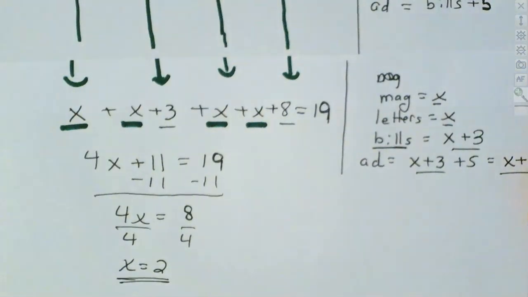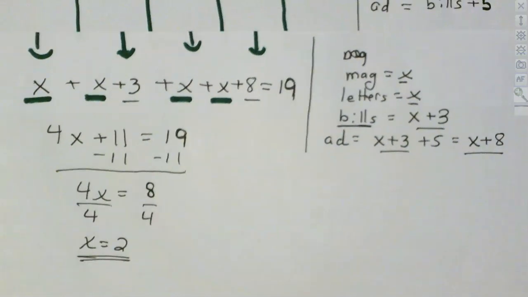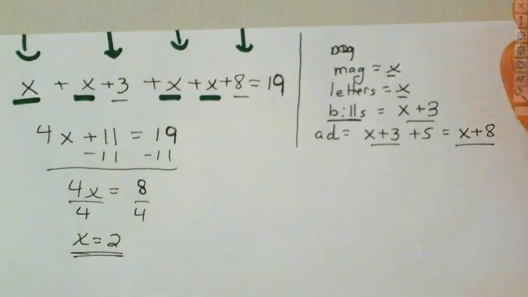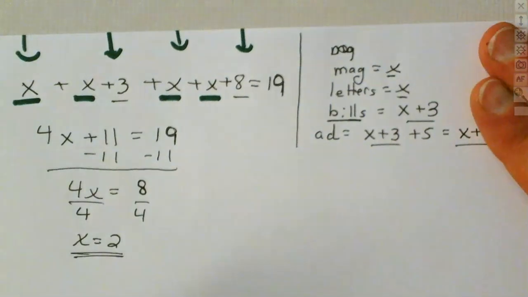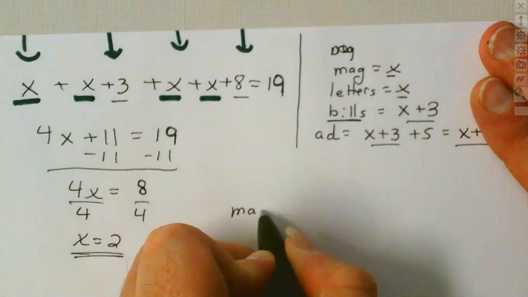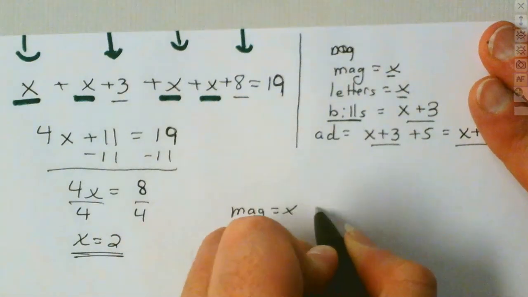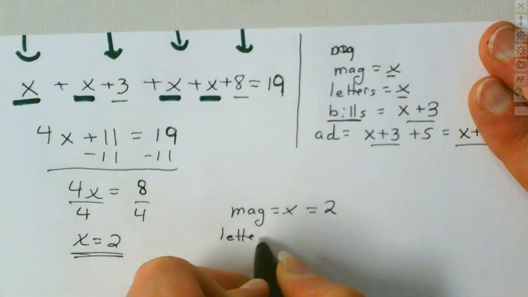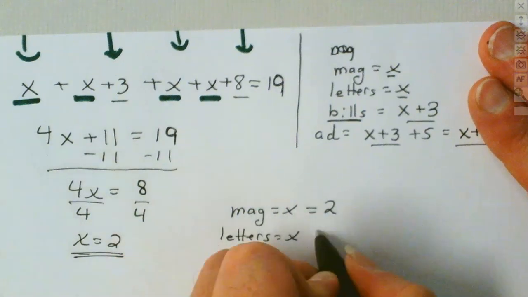And now what is x going to equal? 2, isn't it? Okay, let's find all 4 of these, and let's see if we get our total to be 19, because they should add up to give you 19. So let's get each one of these. Magazines, that's x, and x was 2. Letters was x, and x was 2.